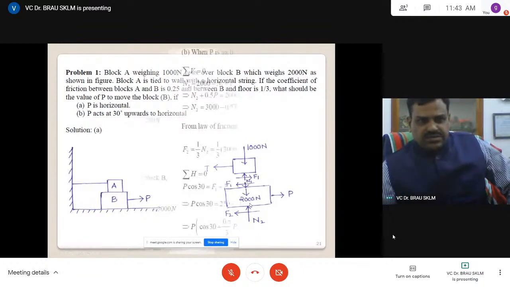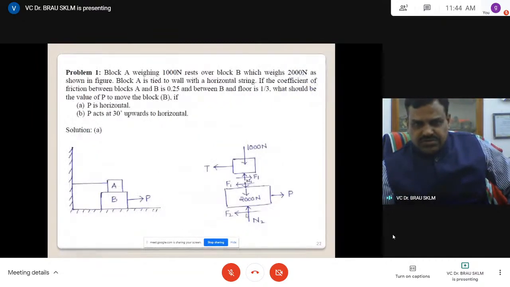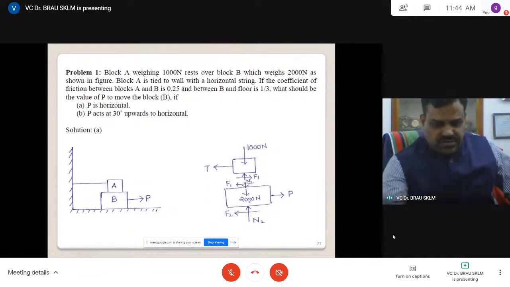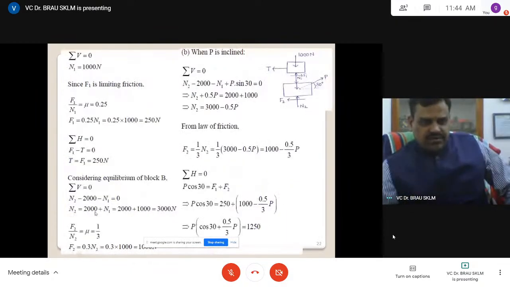If you move this to the other side, or otherwise in one direction, upward is positive, and these two are downwards, negative: N2 minus N1 minus 2000. In any form you can write, that is your choice, but you will get the same equation. By this time N1 is known to you, so N2 is equal to N1 plus 2000, that is 1000 plus 2000, 3000 newtons.